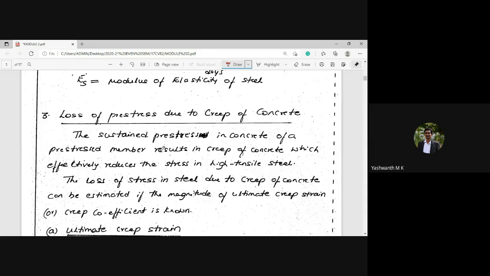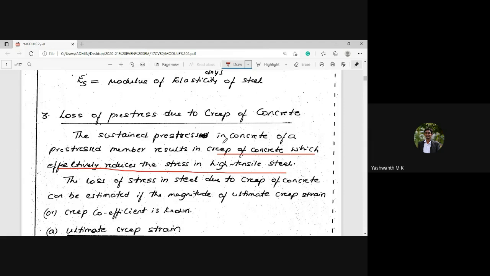The difference between shrinkage and creep is that both undergo deformation, but in the case of shrinkage the deformation is due to internal variation, while in the case of creep the deformation is due to external variations. Is it clear? The sustained pre-stress in concrete of a pre-stressed member results in creep of concrete, which effectively reduces the stress in high tensile steel.